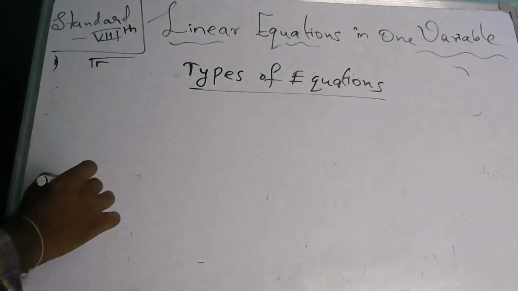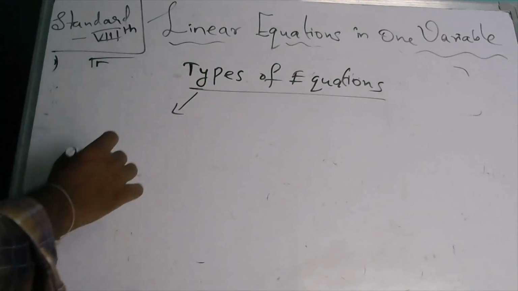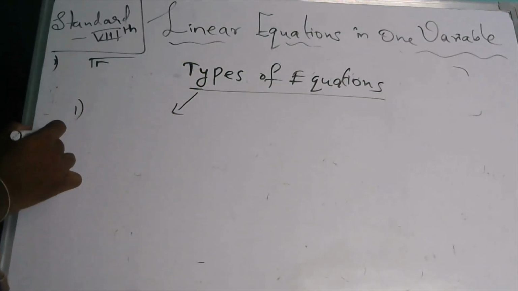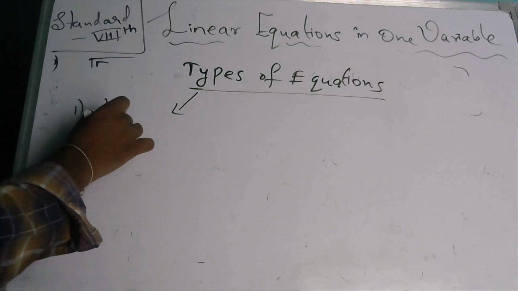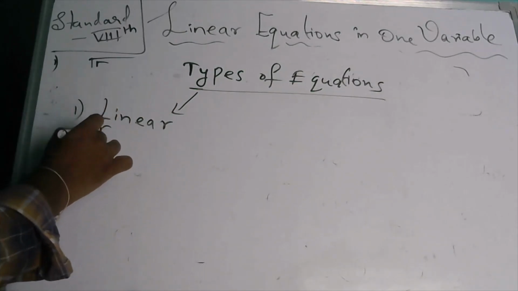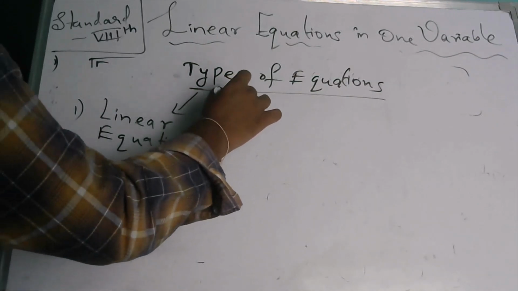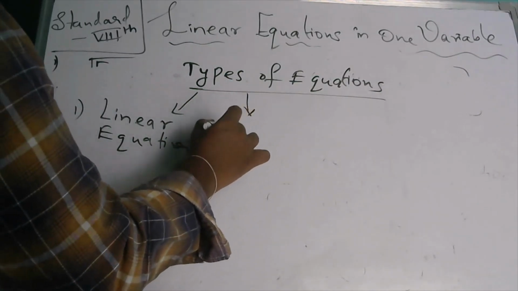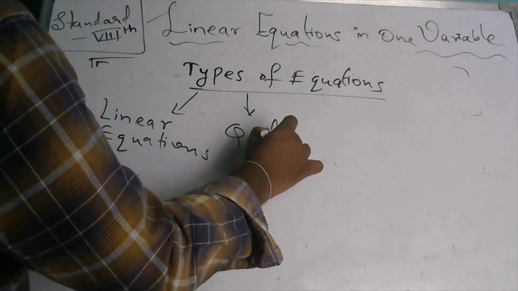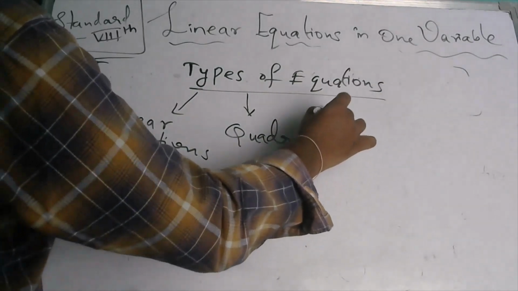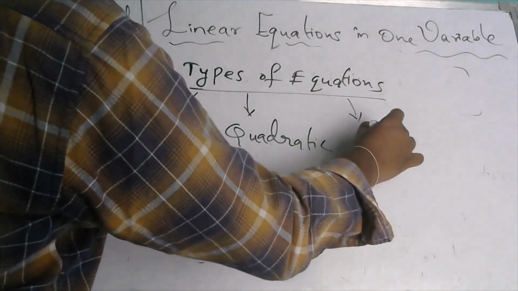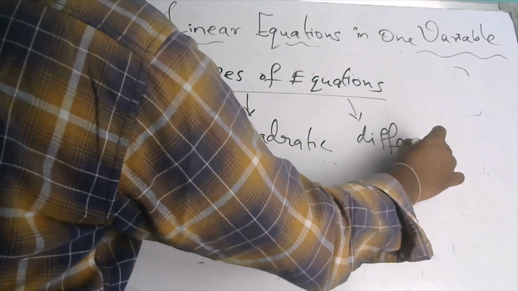Types of equations are: 1. That is linear. Second one, quadratic. Third one, differential.